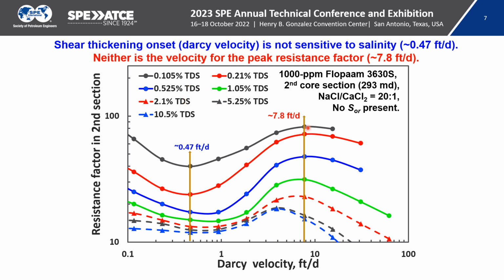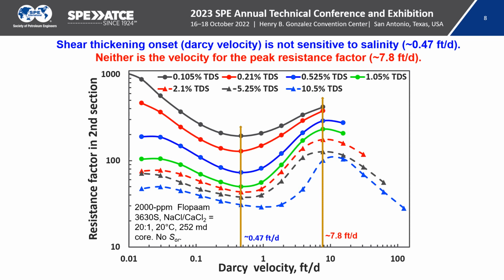And the maximum resistance factor in the shear thickening region commonly occurred at 7.8 feet per day, again over a very broad range of salinity. Now you can see that statement breaks down when we get to the very highest salinities, but for the most part, the horizontal position or Darcy velocity dependence of these rheological curves did not really shift very much over a pretty broad range of salinity.